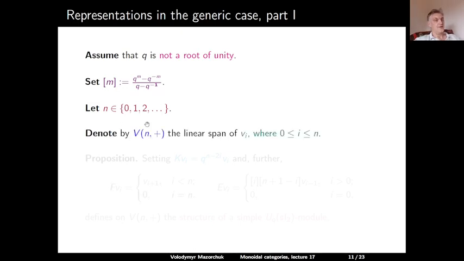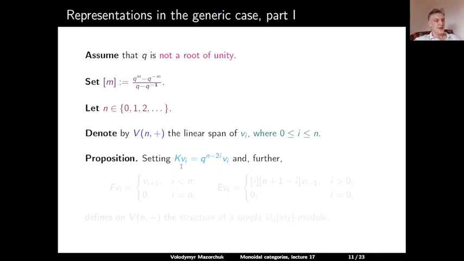So we denote by V_n plus the linear span of the elements v_i, where i is an integer between 0 and n. And we claim that on this vector space we can define the structure of the module over our quantum algebra in the following way.